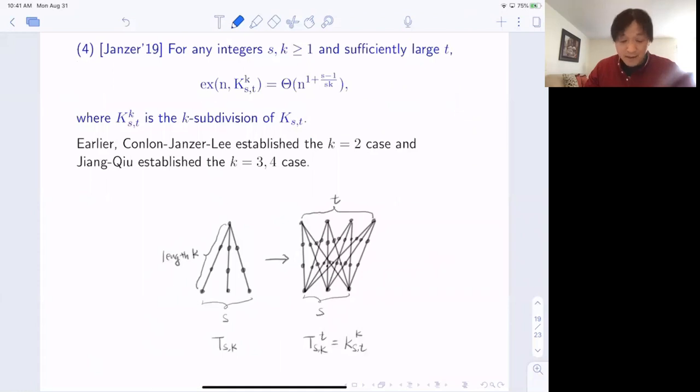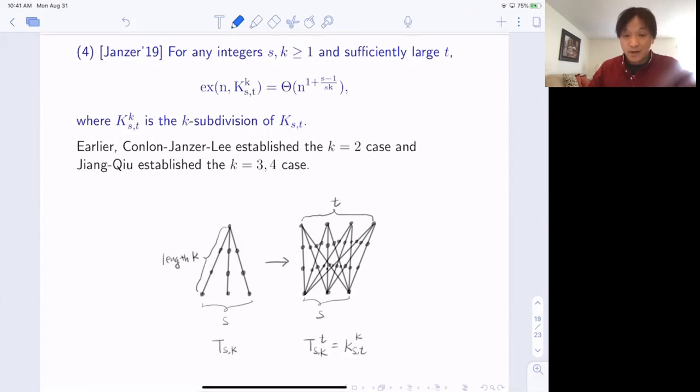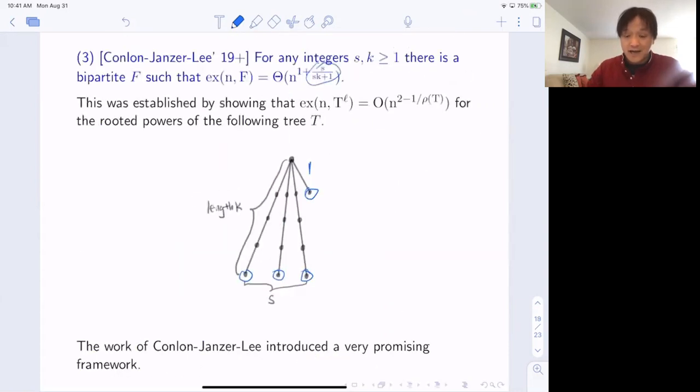Later, Jiang was able to verify the Bukh-Conlon conjecture for the power of this spider, where if you look at their previous result, you just delete the extra leaf.